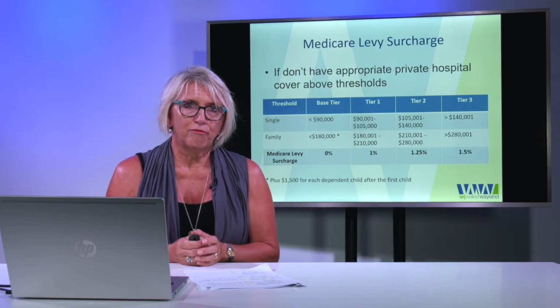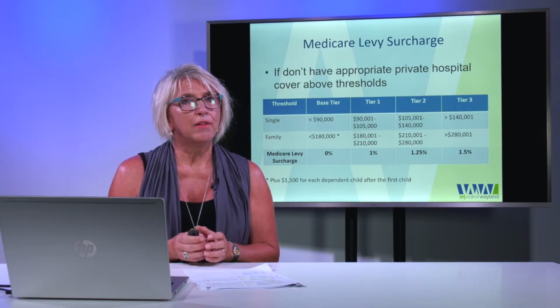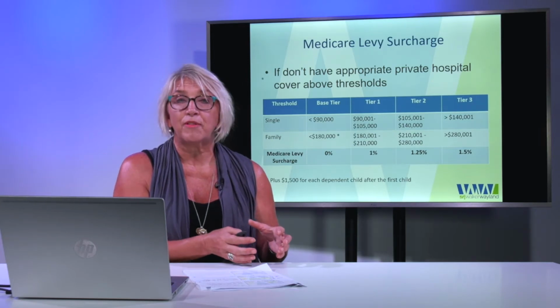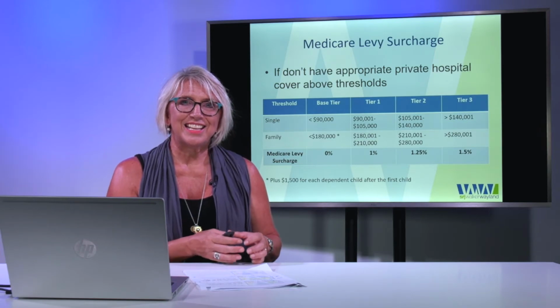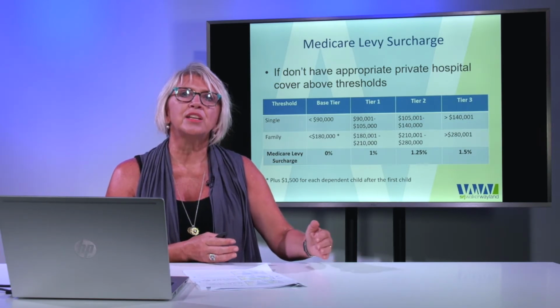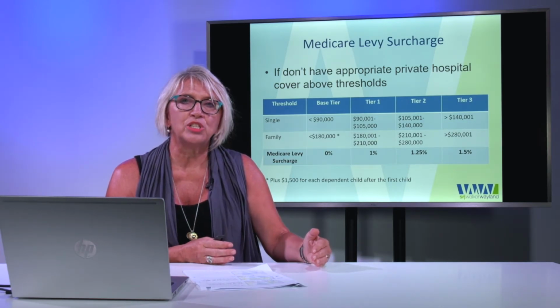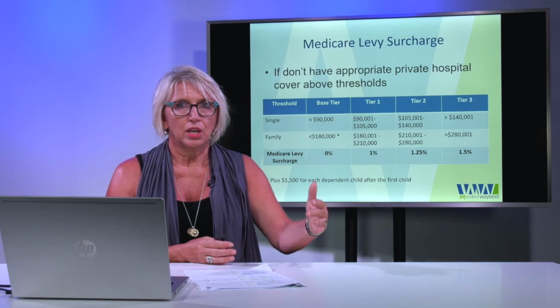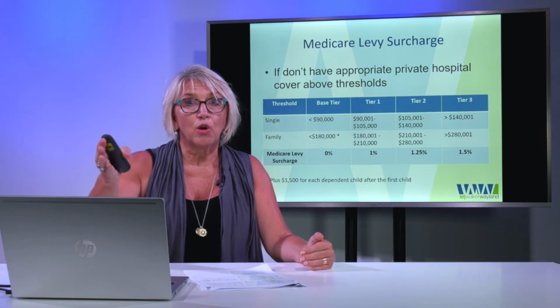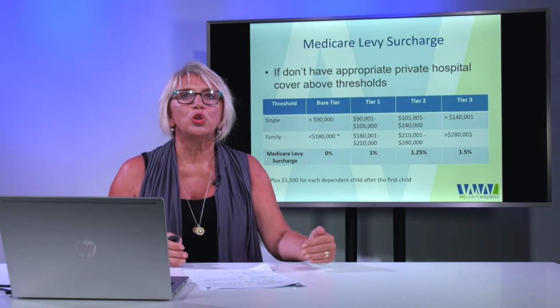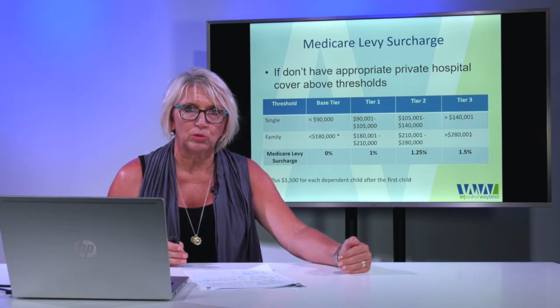So if you don't have private hospital insurance, and bear in mind, particularly with some of our younger demographic, private health insurance can consist of hospital coverage and your ancillary coverage, which is things like your physios, your optical, your dental, etc. For the purposes of the Medicare levy surcharge, you must have the private hospital coverage.